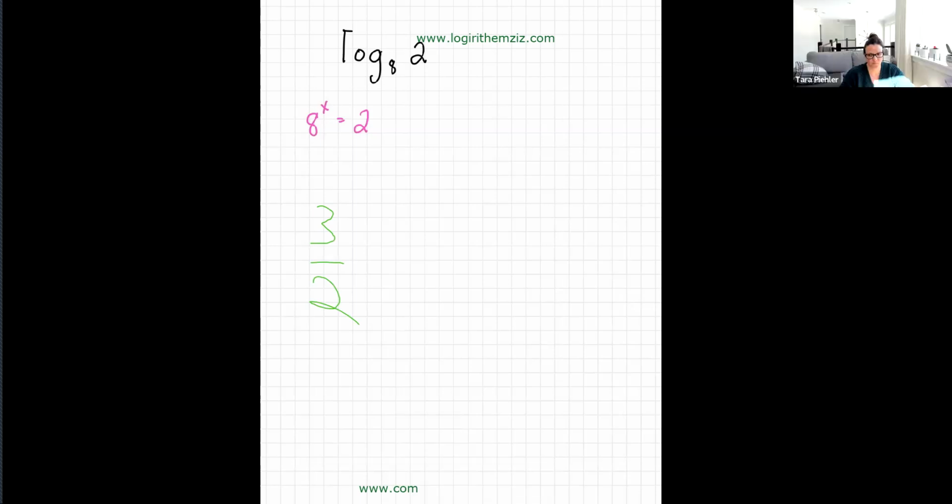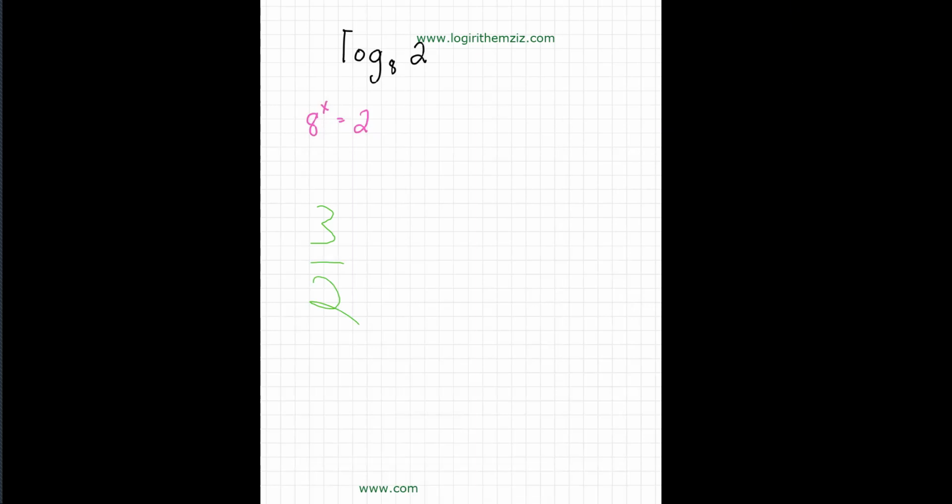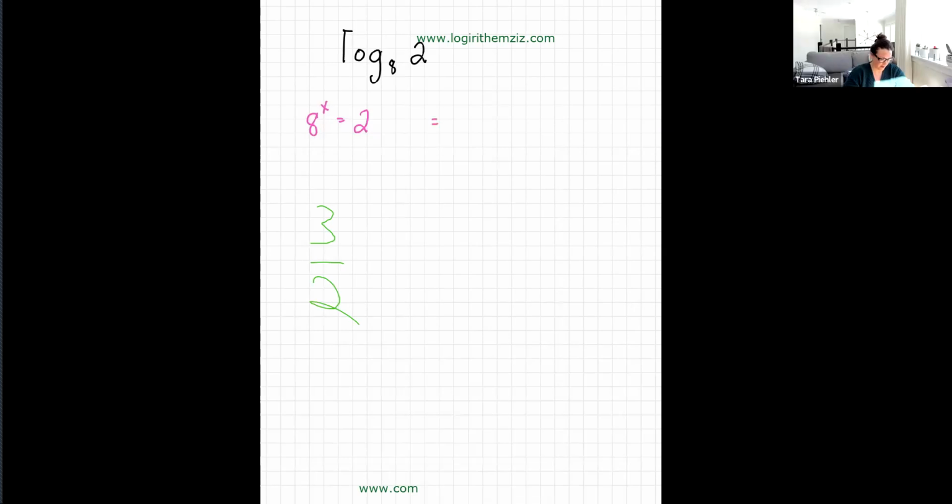Okay. What's it? 1 over 3. Right. So we would have to change the 8. So if you didn't have a calculator, you would change the 8 to 2 to the 3. Okay, that's another way to make 8. Now the rule is, if your bases are the same, and there's an equal sign here, that's the equation, right?